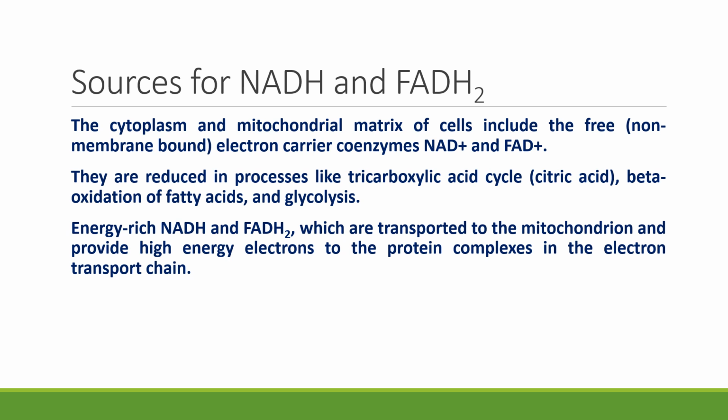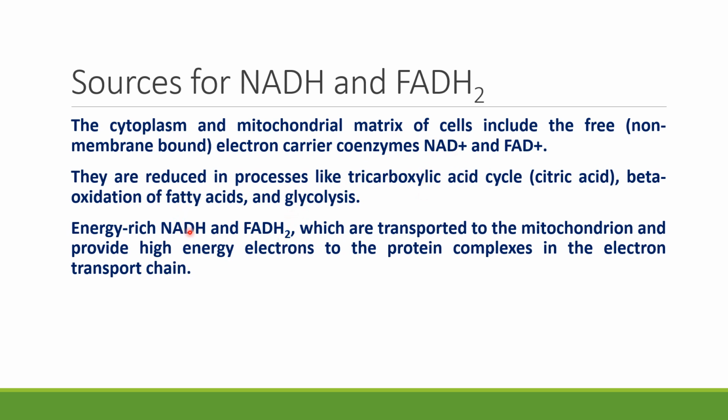Now, where do we get this NADH and FADH2? What are their sources? In the cytoplasm as well as in the mitochondrial matrix, you have these electron carrier coenzymes, NAD plus and FAD, which are free. During the TCA cycle or citric acid cycle, or in the beta oxidation of fatty acids and glycolysis, these are reduced.